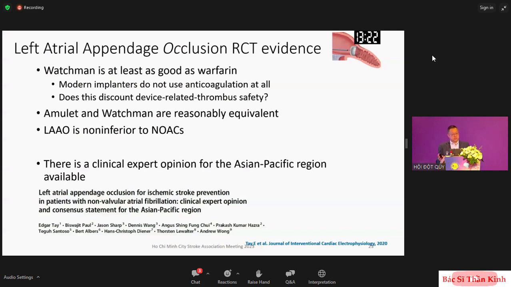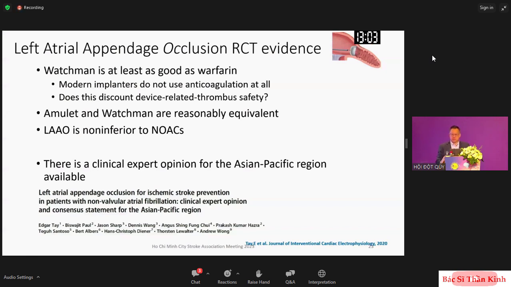So there's several options now for how to manage people with atrial fibrillation, including anticoagulation and left atrial appendage occlusion. And so some colleagues and I put together some opinion for the Asia Pacific region about which patients should be offered left atrial appendage occlusion.